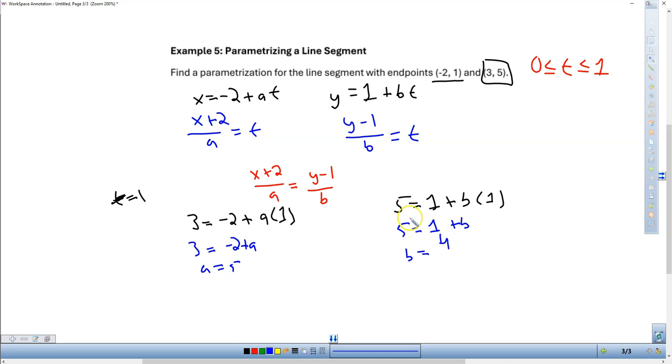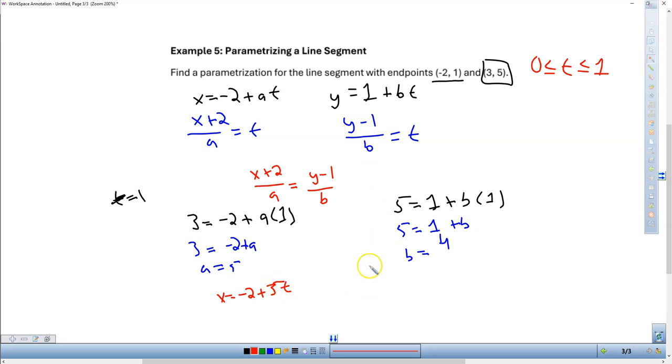And now we have our a and we have our b. We can then assemble our final version of these equations up here. Because remember before, we didn't know a, we didn't know b. So let's put that all together. I'm going to rewrite these so I can get my parameterization. That's going to be x equals -2 plus, and we said a was 5, so it's 5t.